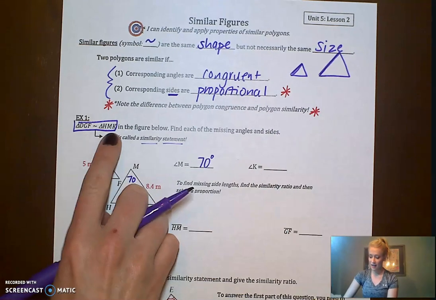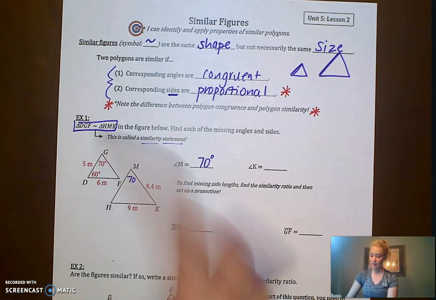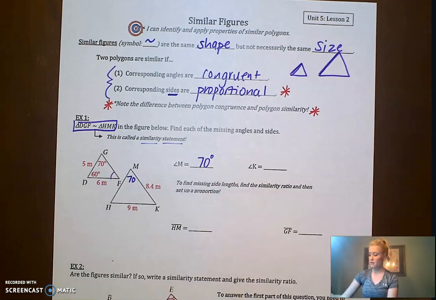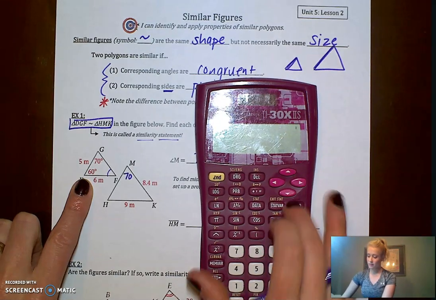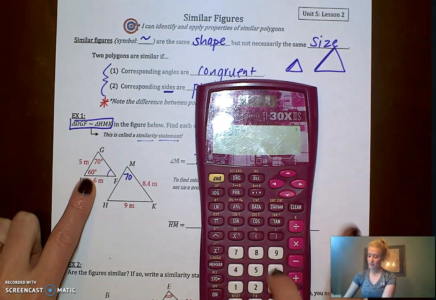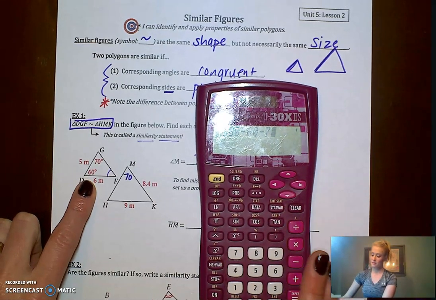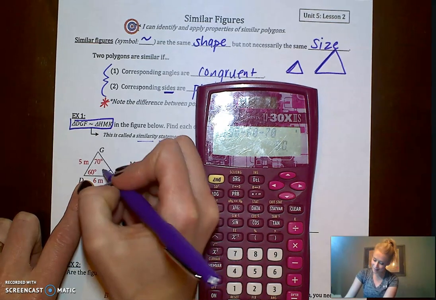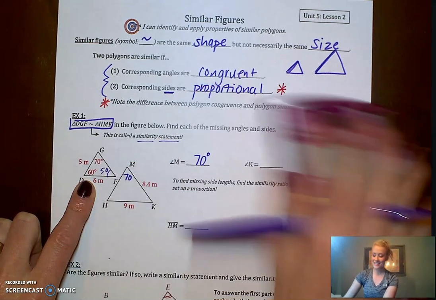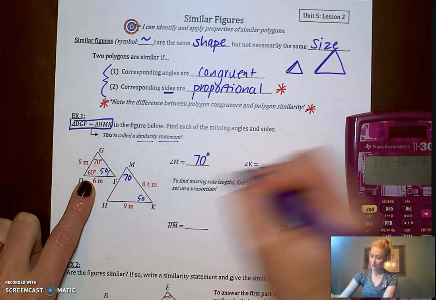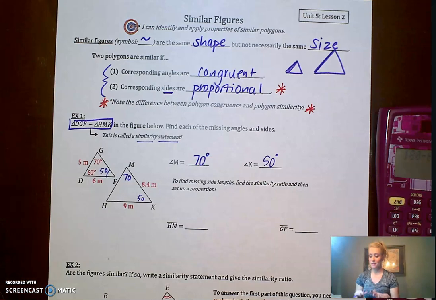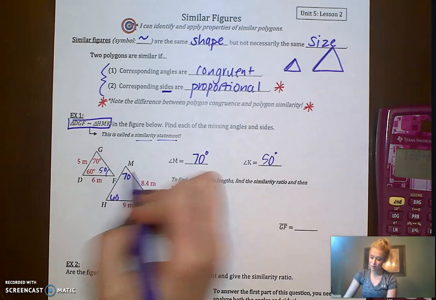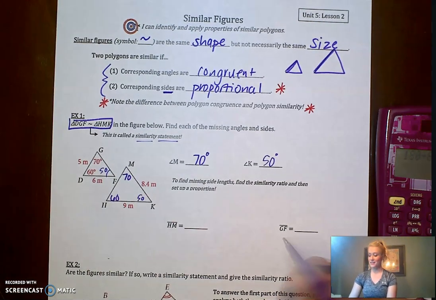Angle K, that's the last letter, should go with angle F. I don't know angle F, but I could figure it out. There's 180 in a triangle. So if I subtract off 60 and 70, a little sticky, F is 50. So K is 50, since those are corresponding angles. Don't think that's hard with angles. Corresponding angles are exactly the same.